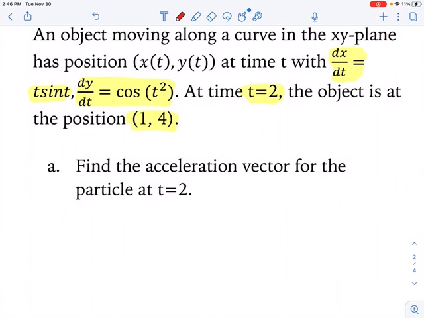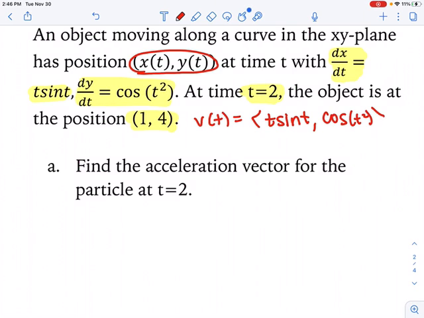So the first thing I want to do is figure out what our acceleration vector is for the particle at time t equals 2. Well, our position, they didn't really give to us. They gave us dx/dt and dy/dt. Well, they basically gave us our velocity vector. Our velocity vector would be t sine of t and cosine of t squared.